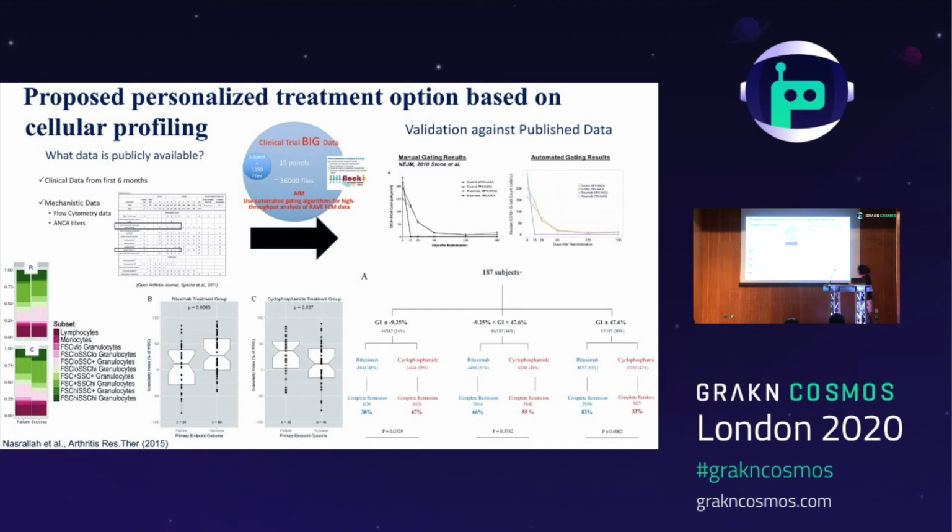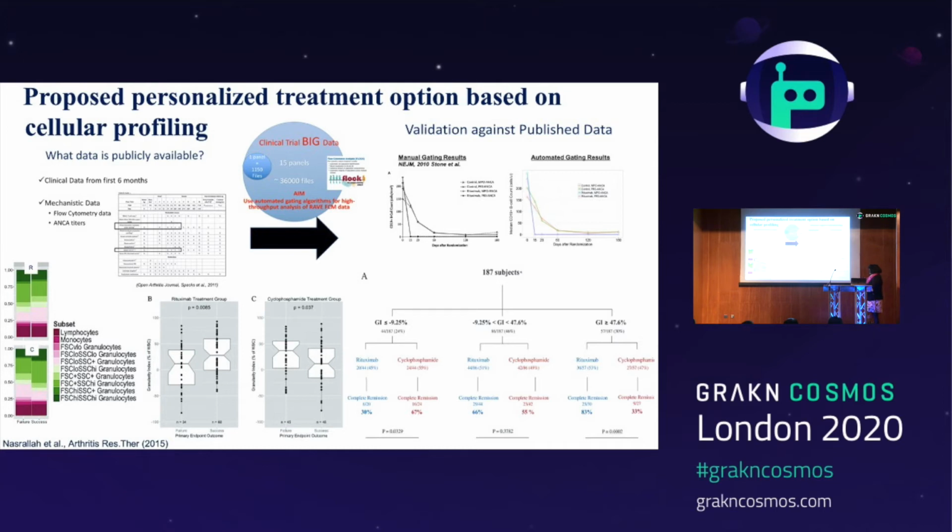Since we have the data available, we started looking at all these immune cell subsets, and we focused on the granulocyte subsets. We saw that there were differences between failure and success in each of these treatment groups based on the granulocyte subsets. We saw that some of these granulocytes were hypogranulated or hypergranulated, and this information is coming from the flow cytometry, because they shared that data with us.